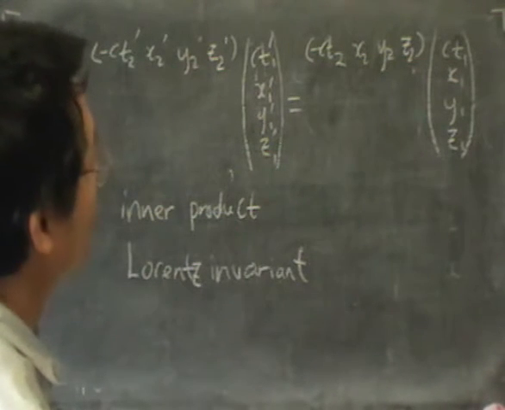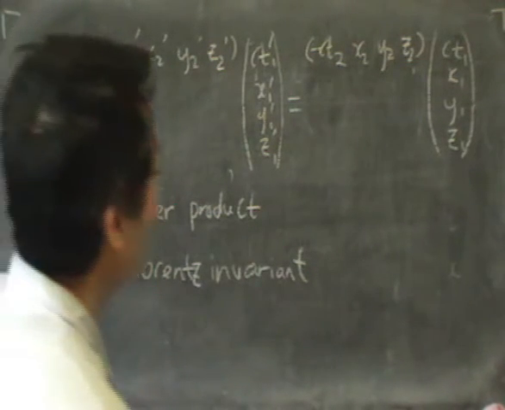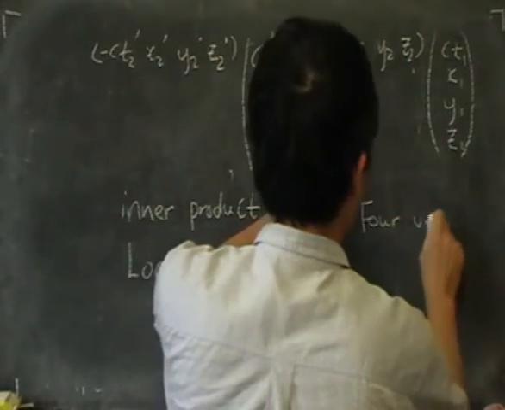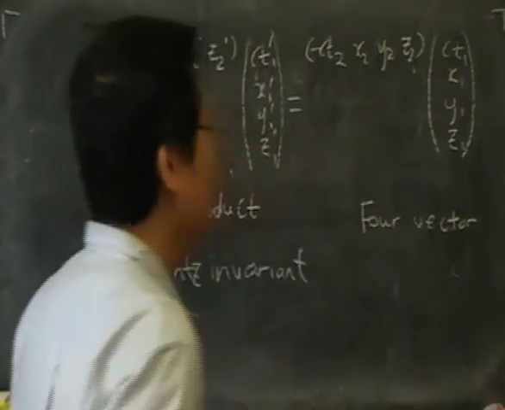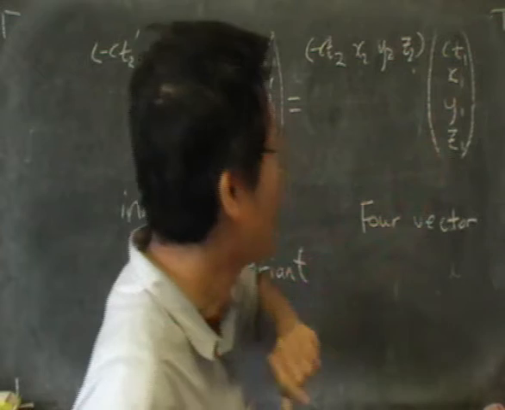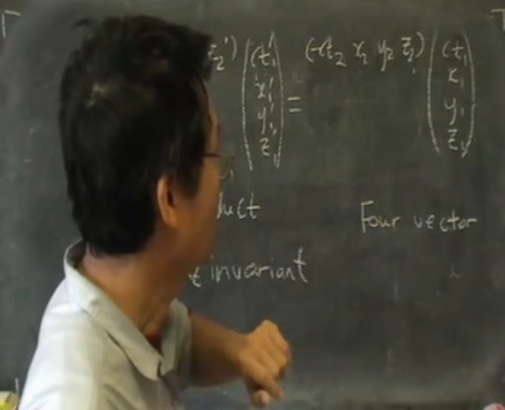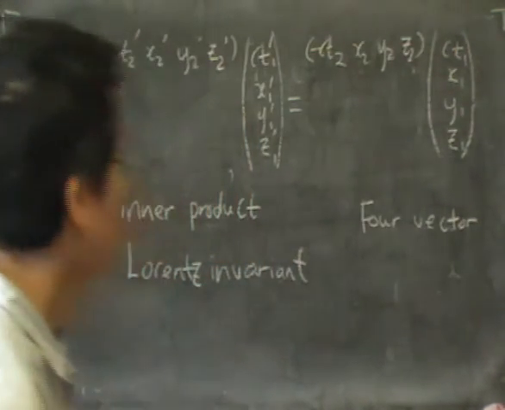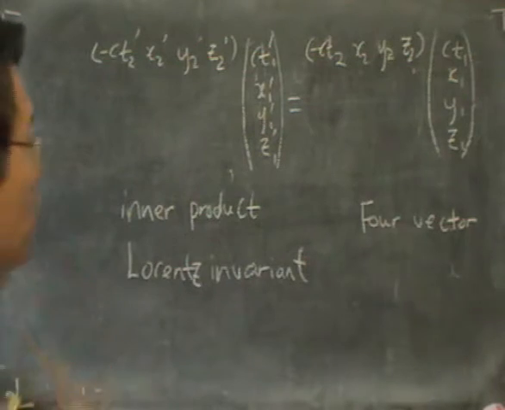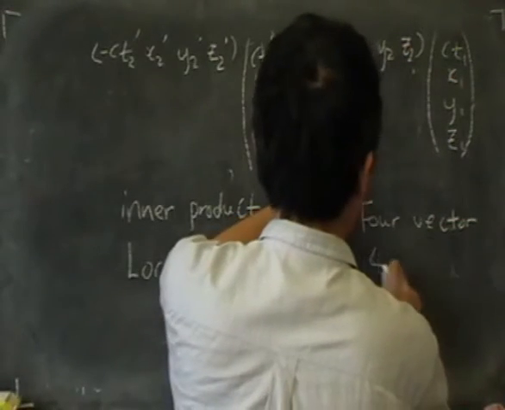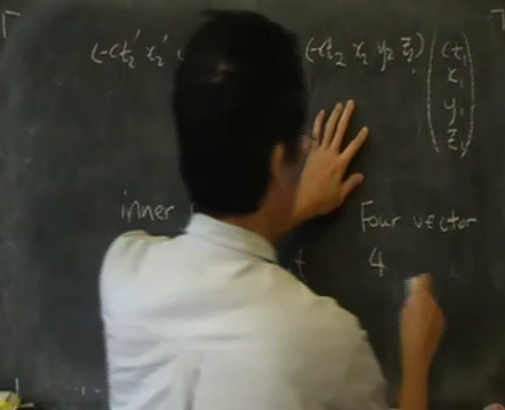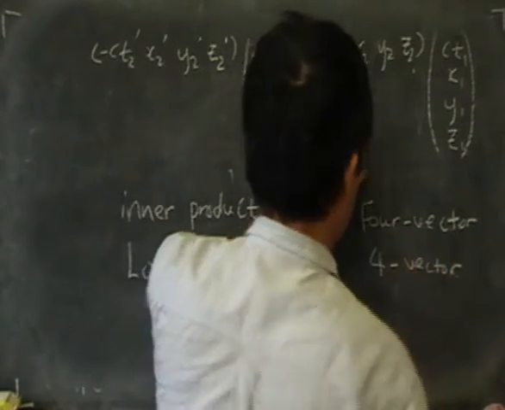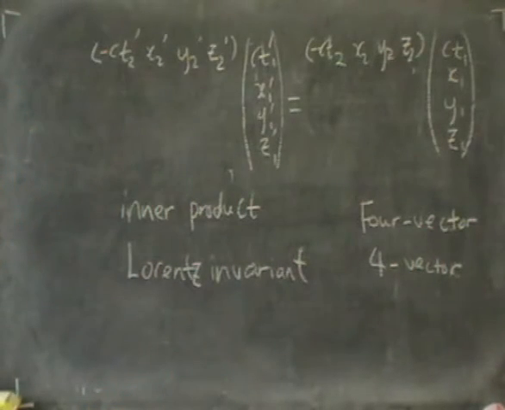And there is another term that we need to learn. And that term is called a 4-vector. A 4-vector is a name given to this vector. So you have the x, y, z and you have a ct down there. We call that a 4-vector. Another way to write it is with the number 4, so just 4-vector, and we will put a hyphen in between to make it into a single word.